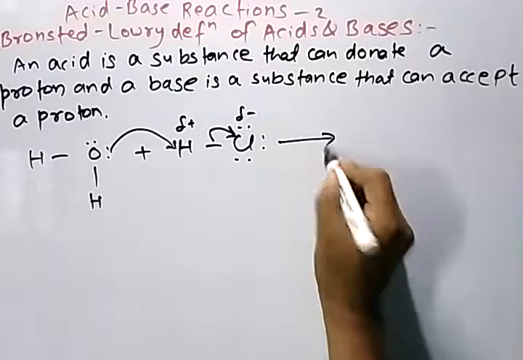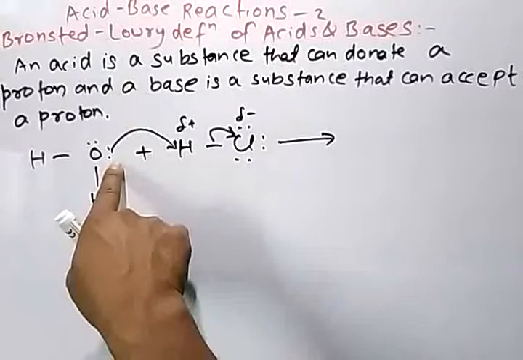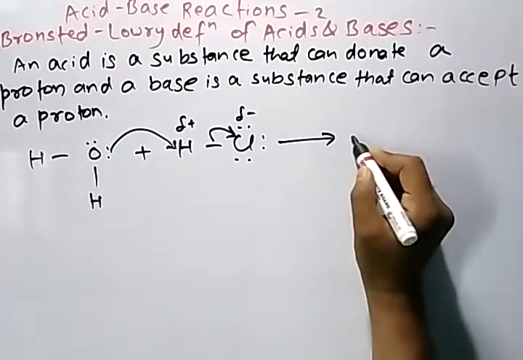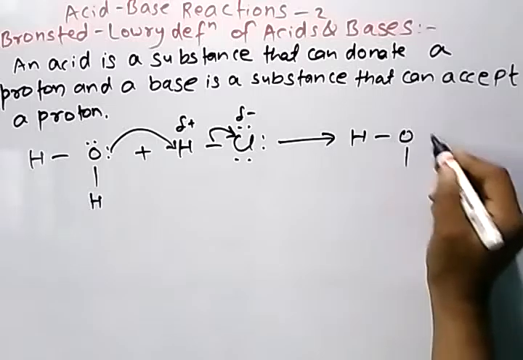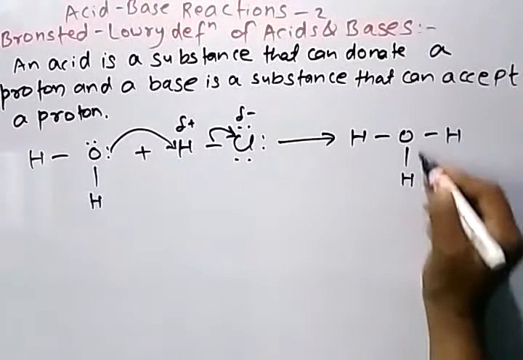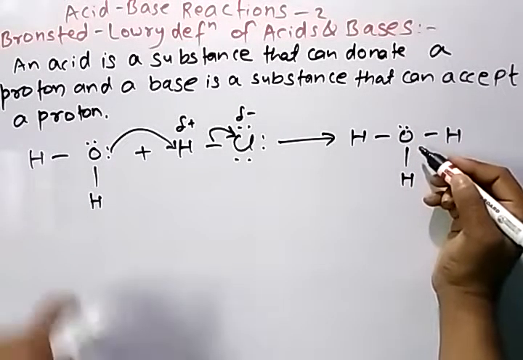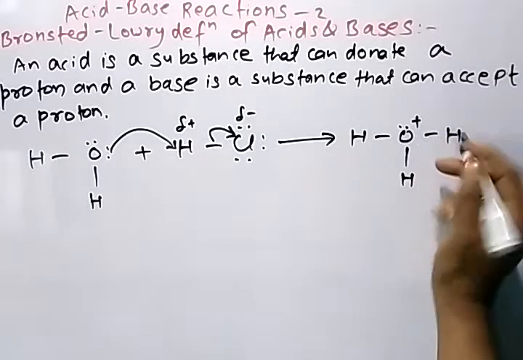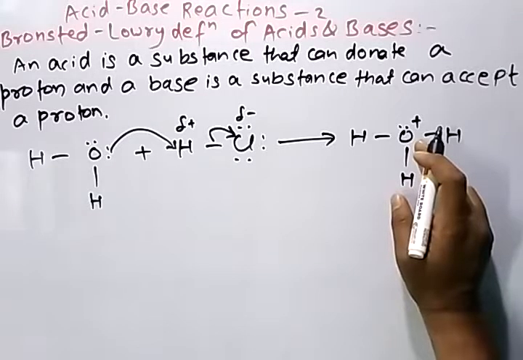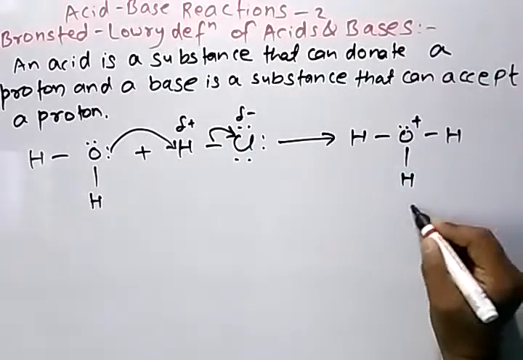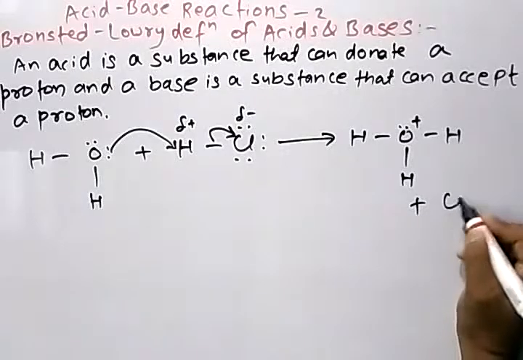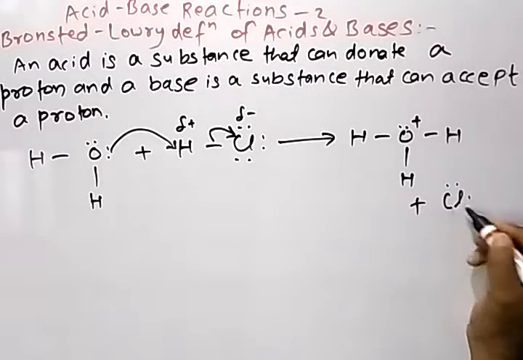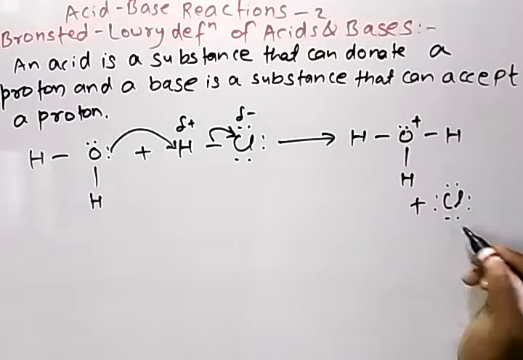So these 2 electrons are used up in making a bond between this oxygen and this hydrogen. That means only one lone pair is left on this oxygen, so it will get a formal positive charge, and this chlorine gets one lone pair, so its octet is complete.